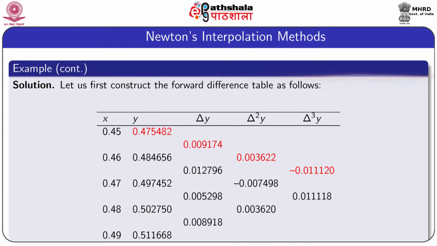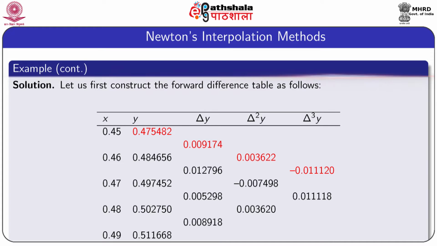So, for these given values we consider the forward difference table. The first column contains the values of x, the second column contains the values of y, the third column contains the first order differences. That means the first value is delta y0, the second one is delta y1, and so on. The fourth column contains the values of second order differences. That means the first value of the fourth column is delta 2 y0, the next value is delta 2 y1, and the last value is delta 2 y2, and the last column contains the values of third order differences.